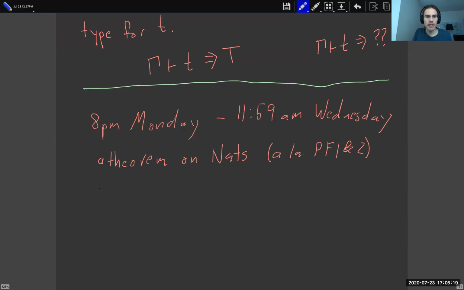Then there will be a Racket problem on list recursion, again probably having you write multiple functions. And this is in the style of PG2 and 3.